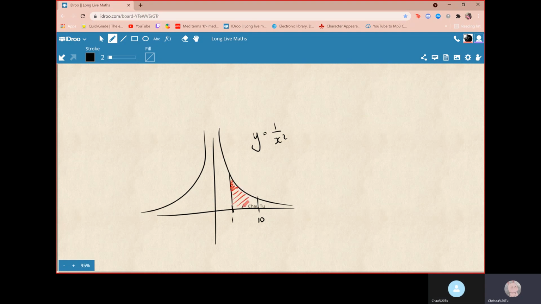So area equals the integral. Can you do the integral sign? I don't know how to draw it. Go on, try and copy that. It's just a long S. I just told you that.